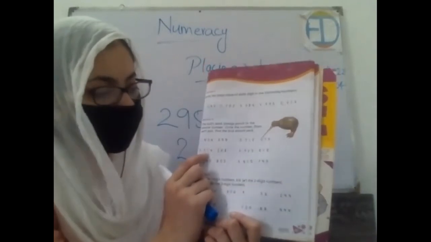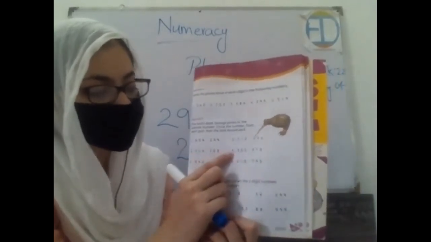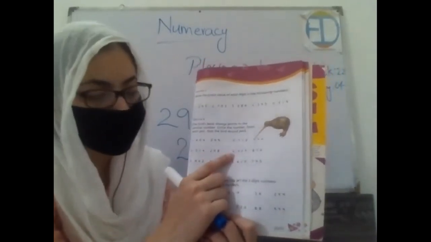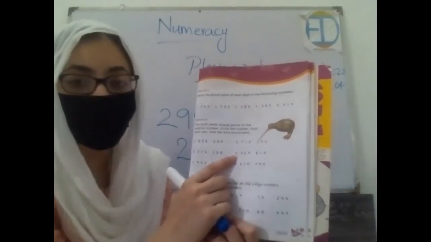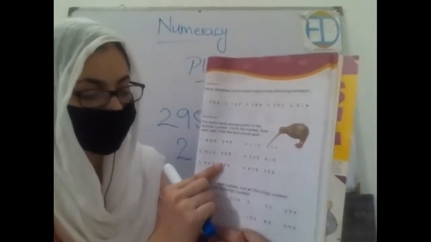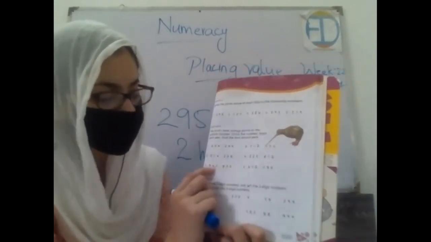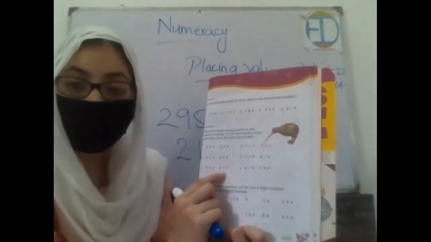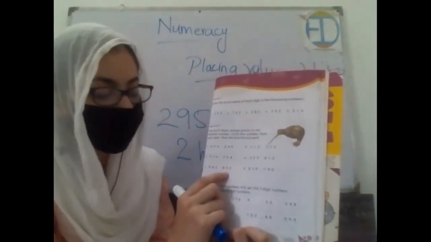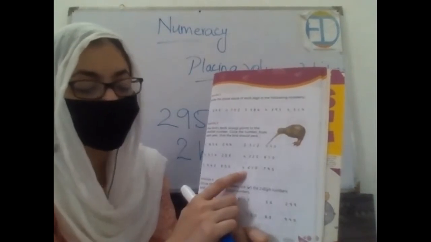It's 299. Excellent. Who is going to tell us the smallest in the fourth one? Yes, Vasim? 325. Very good. Aliza, you tell us what is the smallest one in the fifth one? 850. Very well done.